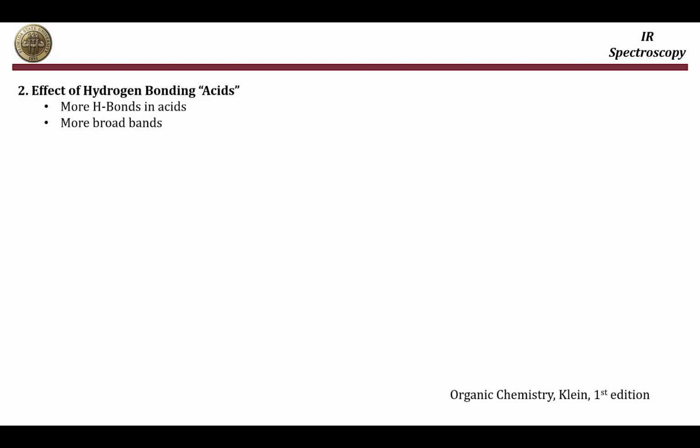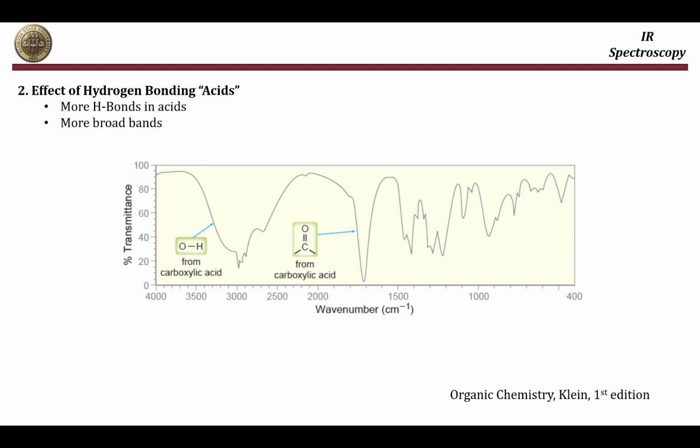Now let's look at another one, which is the hydrogen bonding in acids. In acids, we have more hydrogen bonding because the carboxylic acid can make hydrogen bonds either at this point here, or at this point here, or even at this point here. So we have so many hydrogen bonds, and that's why in carboxylic acids, as you can see here, there is this broad peak which starts at around 2200 and then extends up to 3600 or 3700.